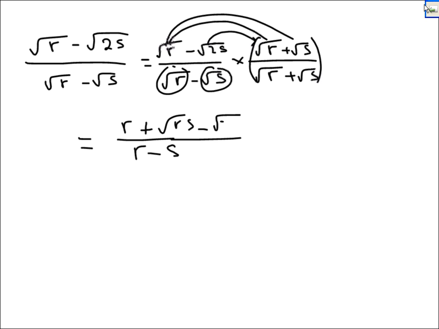Minus the square root of 2rs, minus the square root of 2s times s. There's your answer. The only thing maybe, no big deal, is you can put the r minus s more in the center of the denominator. There it is. Okay, let's do one more.